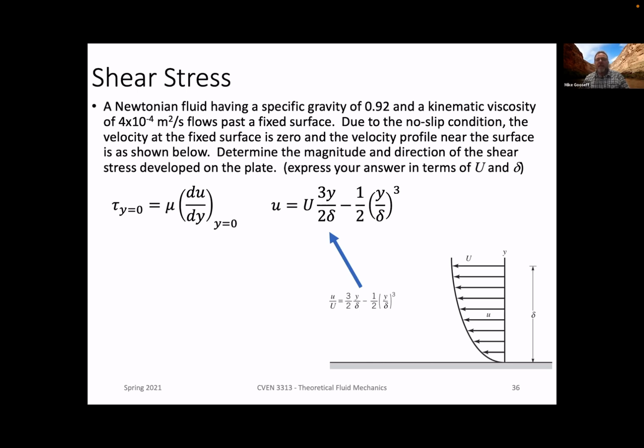The next step then would be to take the derivative of this with respect to y. And when we do that, now I've got U on the outside, so I missed the parenthesis up here, but I put it in down here. So du dy is equal to big U, and then the first term has a 3y in it, right? So we're going to get 3 over 2 delta minus, and then we had a y cubed in the second term.